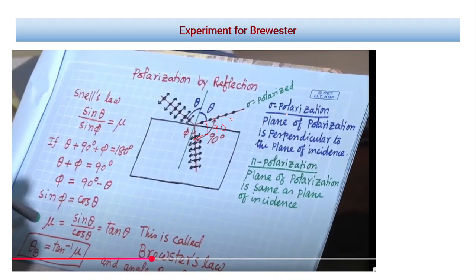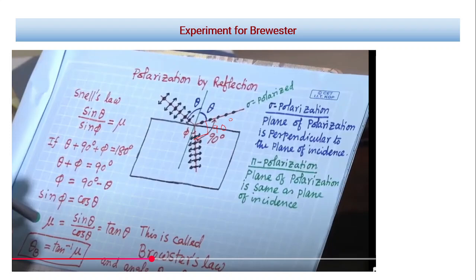Again, maybe we can discuss it next week because one part of this is due in next week's lecture. So just to summarize, instead of getting plane polarized light only after the refraction phenomenon, we have this phenomenon where we can get polarized light just by reflection.